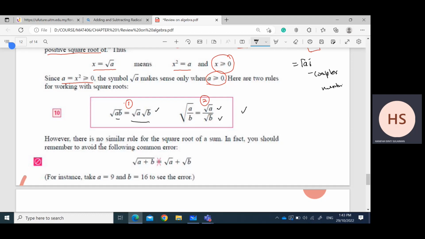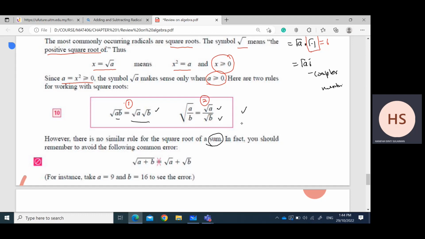Okay, however, there is no similar rule for the square root of a sum. So untuk summation or subtraction, it is not similar to the previous rule. So maknanya yang melibatkan tambah dan tolak, kita tak boleh nak simply asingkan begitu saja.